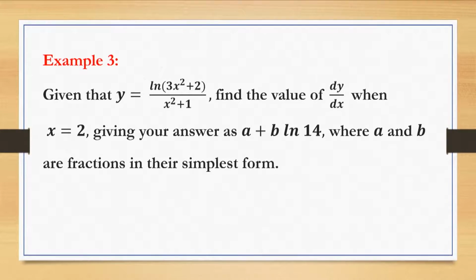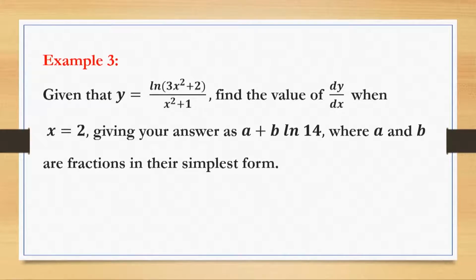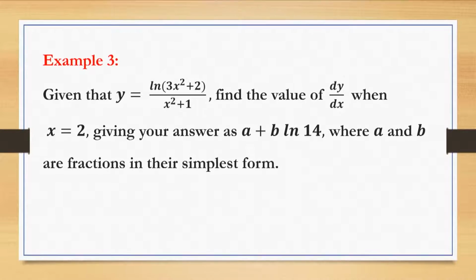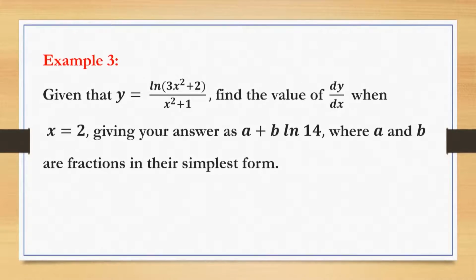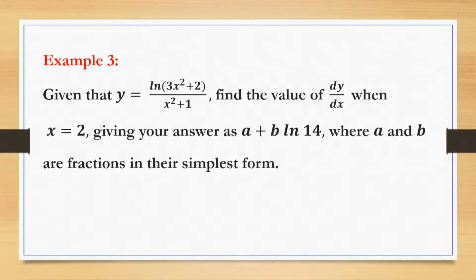A third example, given that y equal to ln of (3x squared plus 2) over (x squared plus 1), find the value of dy by dx when x equal to 2, giving your answer as a plus b ln 14, where a and b are fractions in their simplest form.